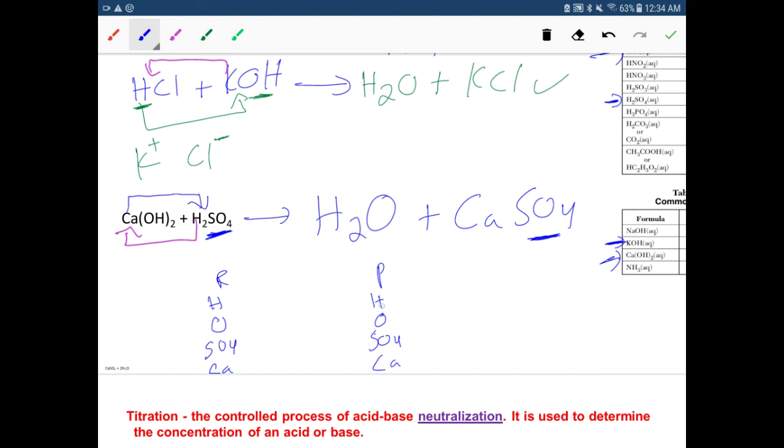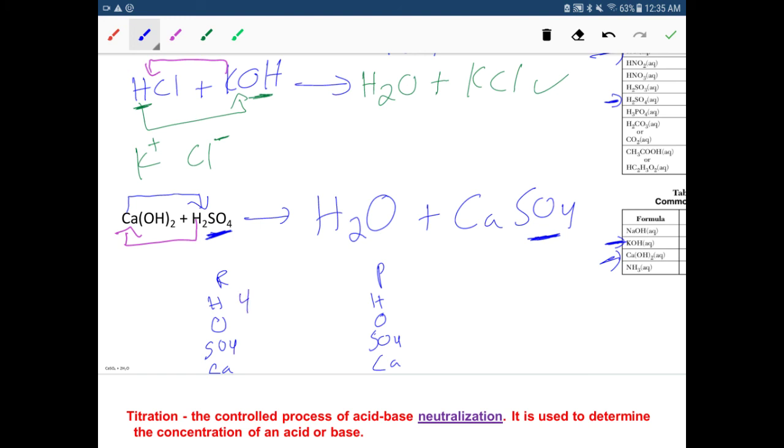So let's start with everything other than hydrogen and oxygen. Ca, you have 1 here, you have 1 here, you're good. SO4, you have 1 here, you have 1 here, you're good. And then hydrogen, we're going to be excluding the oxygens in SO4. Hydrogens, let's count. In the reactant side, we have 2 plus 2, so we have 4 hydrogens.